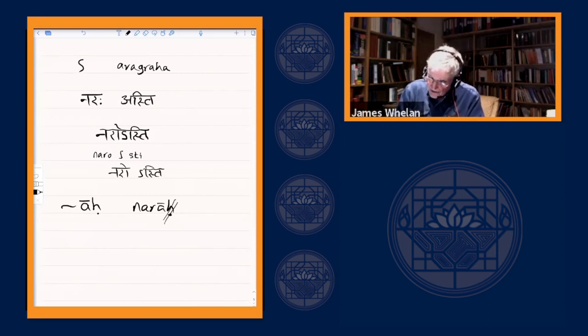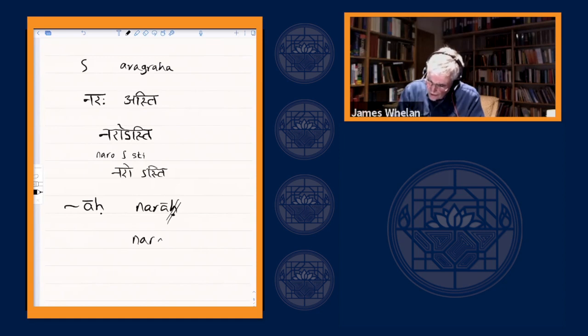So the men say, without sandhi, narah vadanti. It's a voiced consonant, so all that happens is the visarga drops off. By the way, what we call the subdotted h is the visarga in Sanskrit.